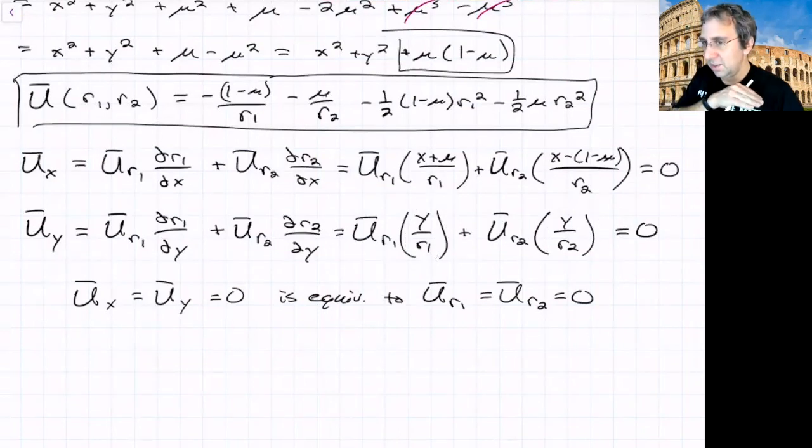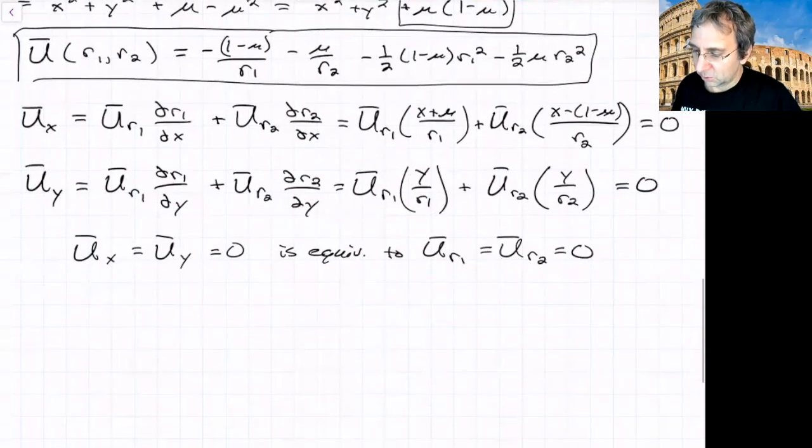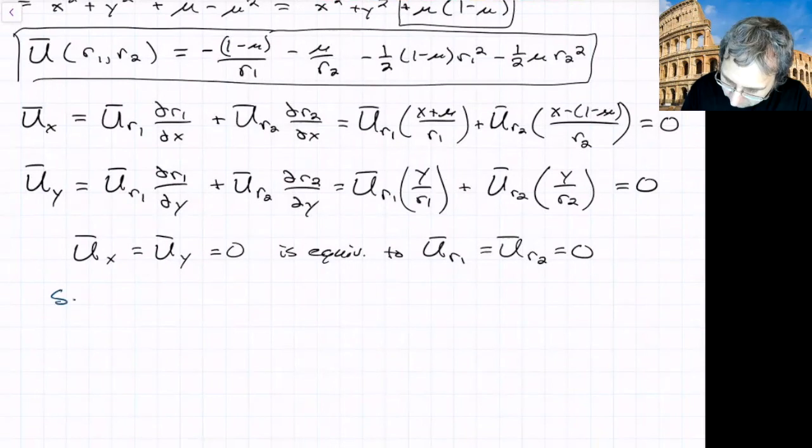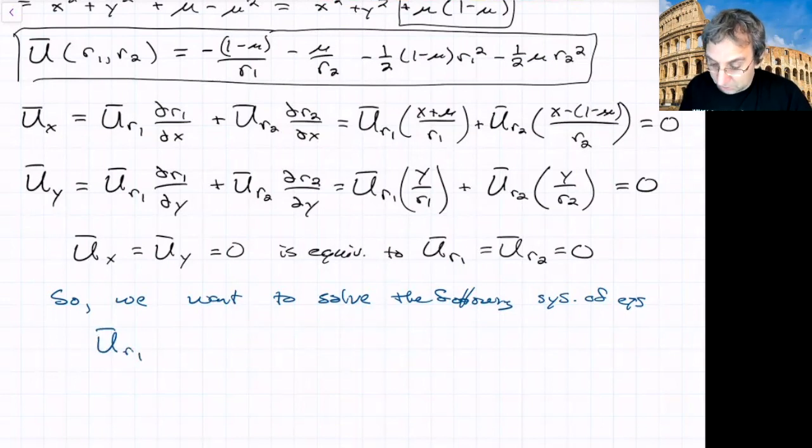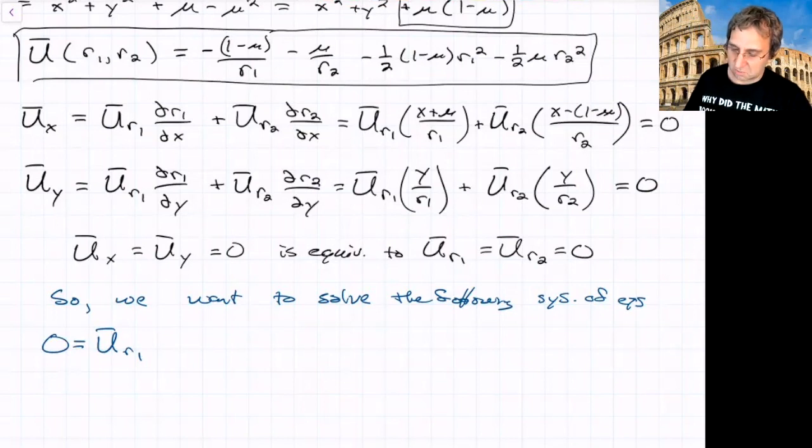So as long as we're not on the x-axis, we can look at U bar as a function of R1 and R2 and set those equal to 0. We want to solve the following system of equations. U bar R1 equals 0. And from the way that U bar is written up there, we could just take the derivative of U bar with respect to R1.